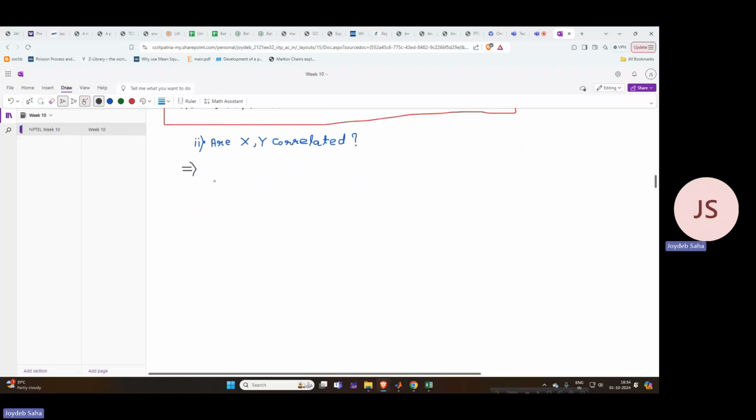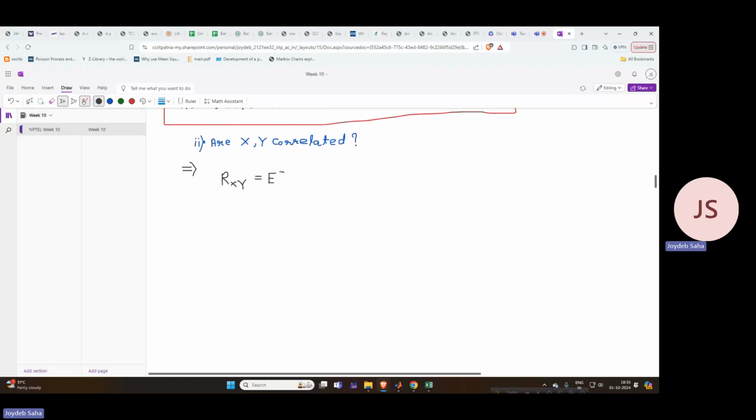So we will calculate the correlation, that is rxy. In the previous session we discussed this symbol.